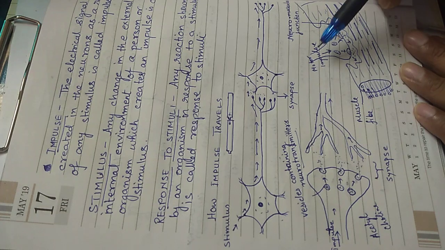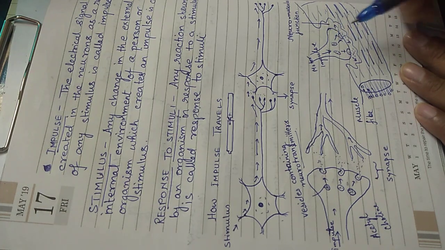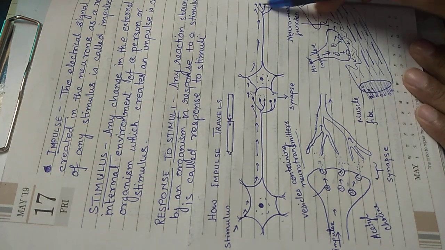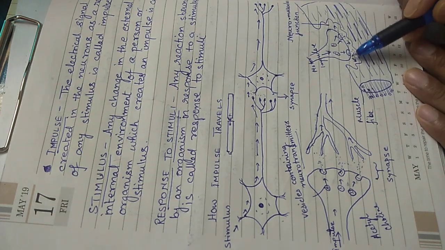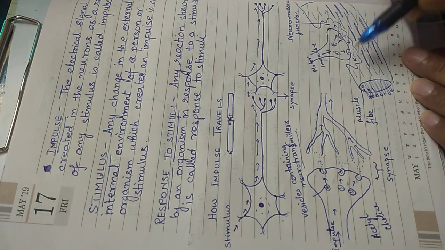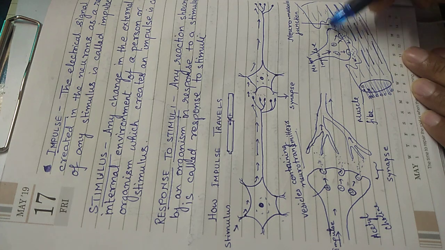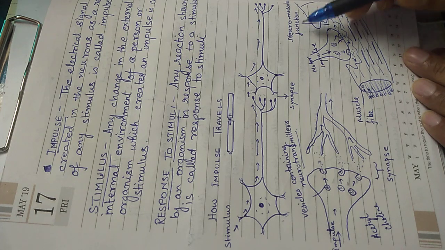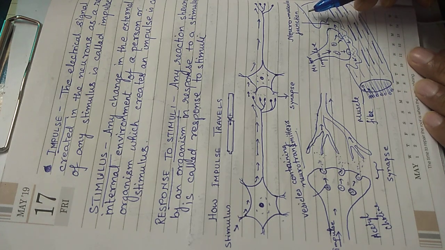So when the motor impulse comes, the nerve endings of the motor nerve are in close association with the muscle fibers. This close association of the nerve ending of the motor nerve and the muscle fibers is called the neuromuscular junction.